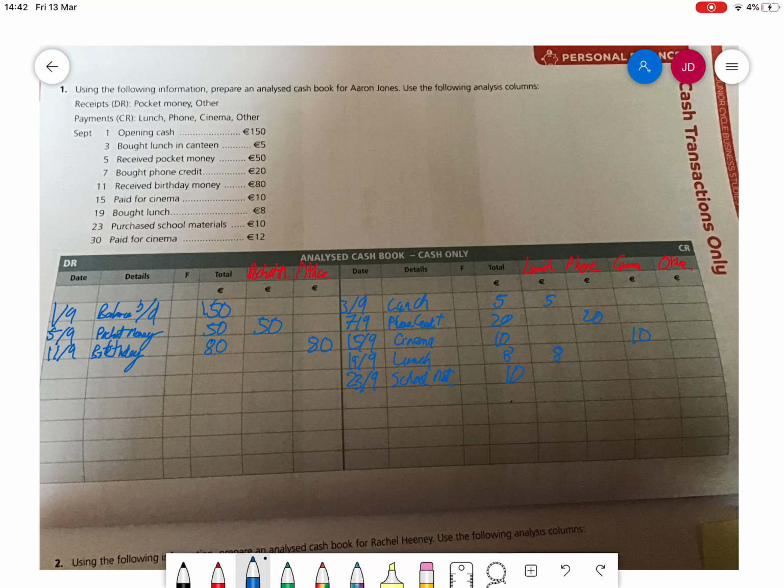No. It wouldn't fall under lunch, phone, or cinema, so therefore it goes into other. Last but not least, on the 30th, he went to the cinema again and it cost him €12 this time. So we've got the 30th of the 9th, and in the details we write cinema. In the total, we have 12, and then over in the cinema column, we have 12 as well.